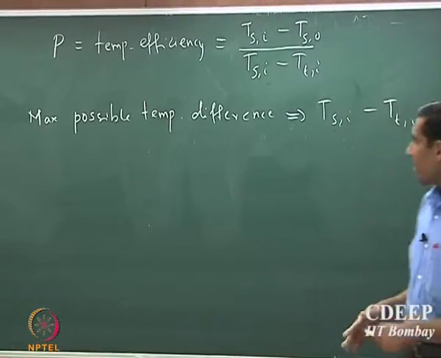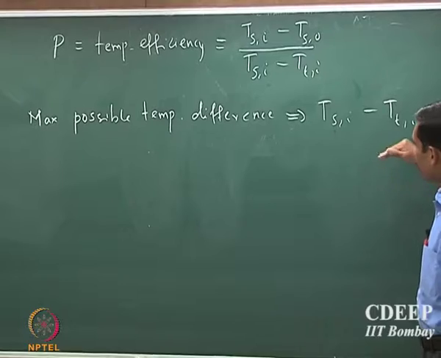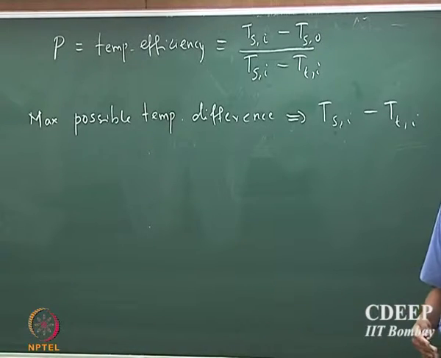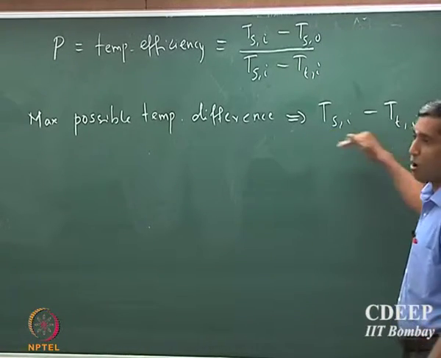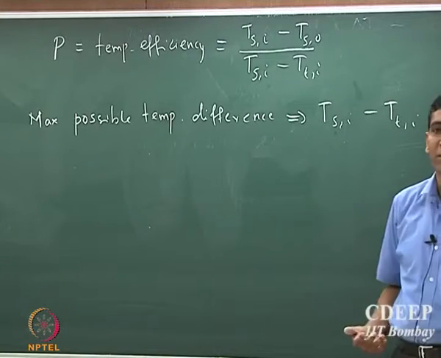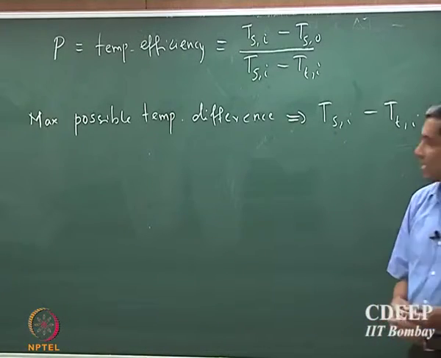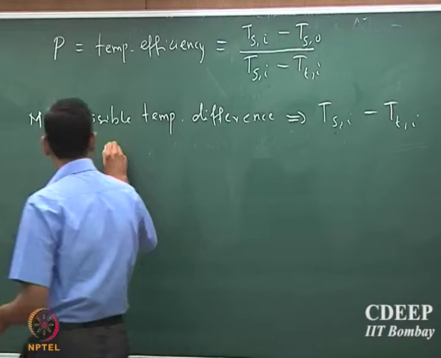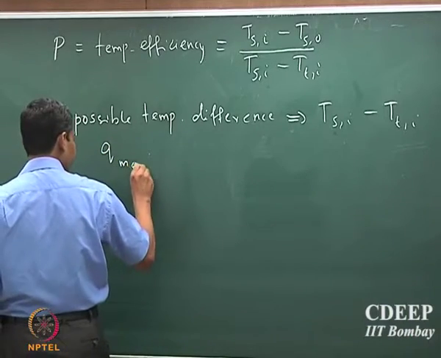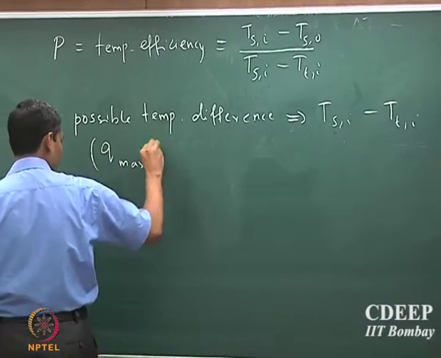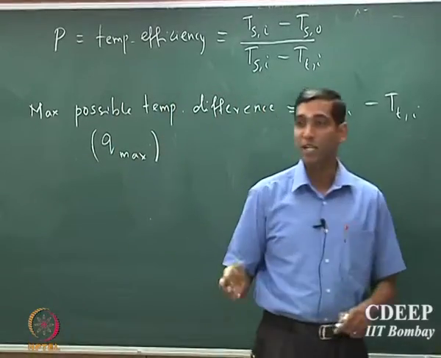In a short while, when we go to the epsilon NTU method, we will be using this concept of maximum possible temperature difference to define a quantity called the theoretical maximum possible heat transport. We have not looked at that so far.